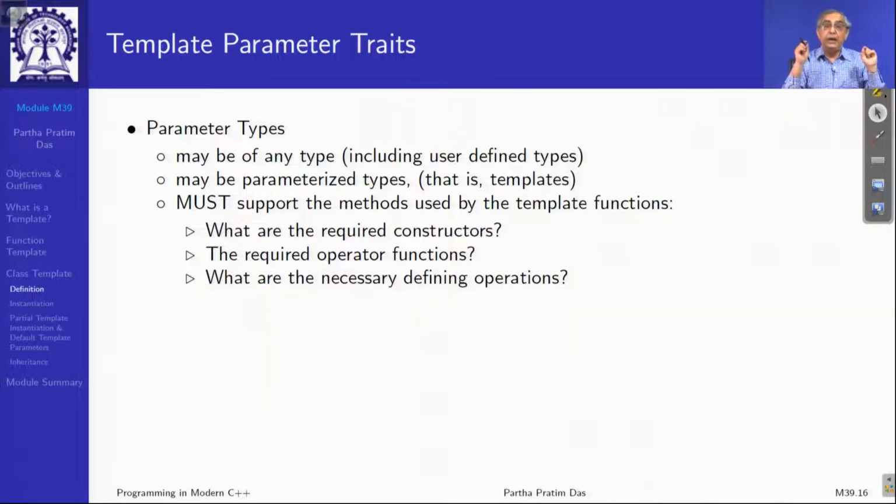For example, does it require a constructor? What are the operator functions required, like stack requires a copy assignment. So, that must be supported by the type that I am trying to instantiate with. These are necessary traits that my instantiating type must support, and those traits are important to always keep in mind.